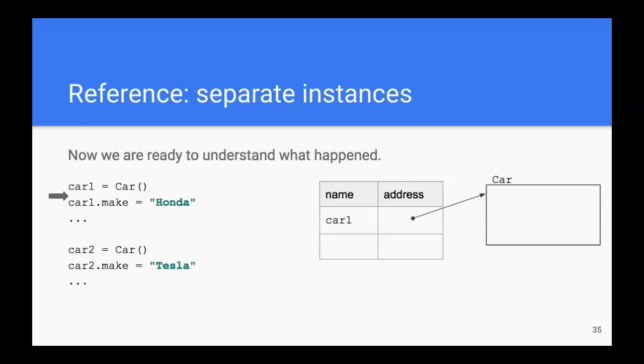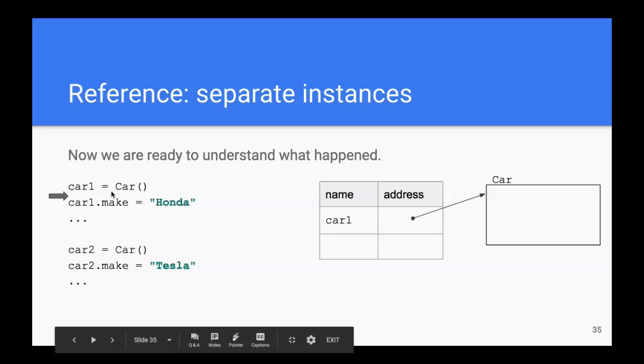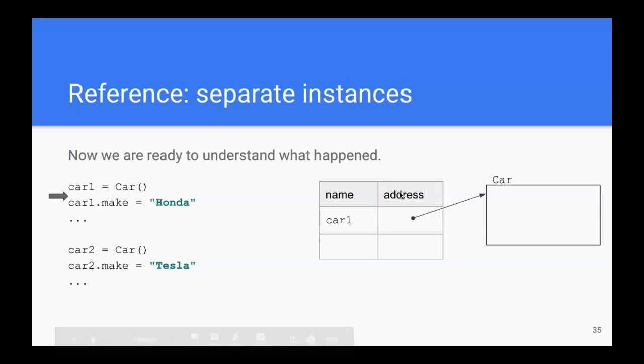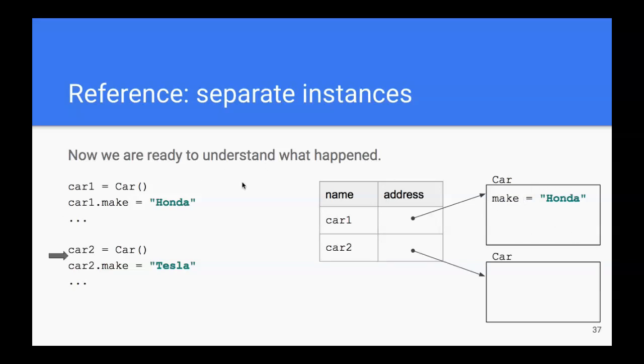All right, so now we're ready to understand what really happened in the two versions of the code that we have. In the first version, we create an instance and assign that instance to car1. So this is the picture we have. Then we create an attribute, make, with the value Honda, inside this car instance. Then we create another instance and assign it to the name car2.